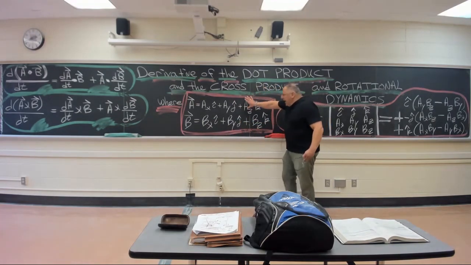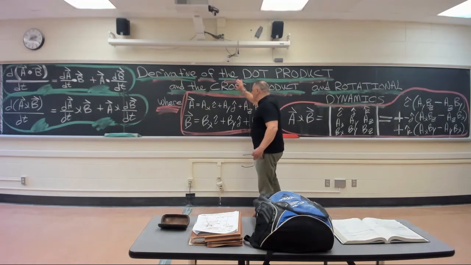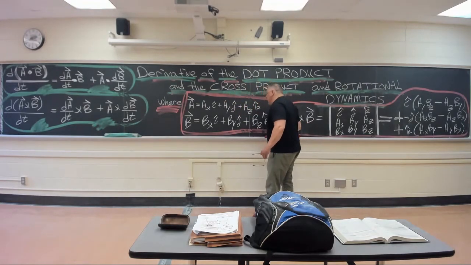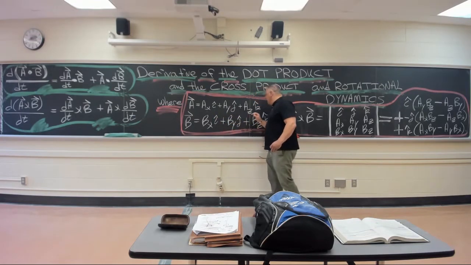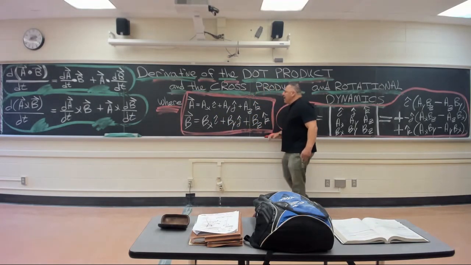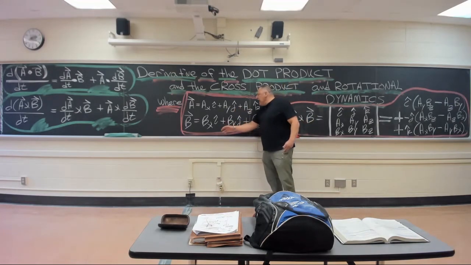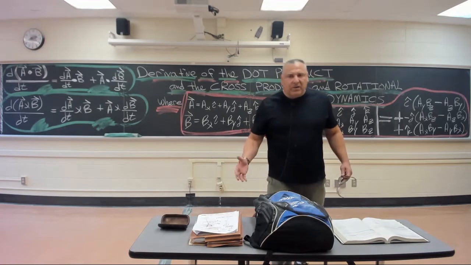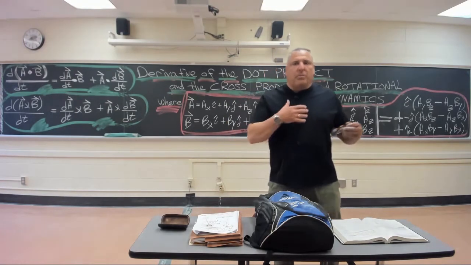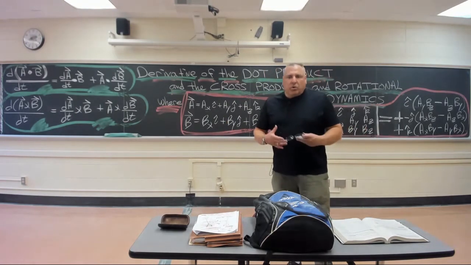So A vector is A_x i hat plus A_y j hat plus A_z k hat. B vector is B_x i hat plus B_y j hat plus B_z k hat. A_x, A_y, A_z, B_x, B_y, B_z are scalars, but when you multiply them with the appropriate vectors, whether it be i hat, j hat, or k hat, we're talking about vector quantities.